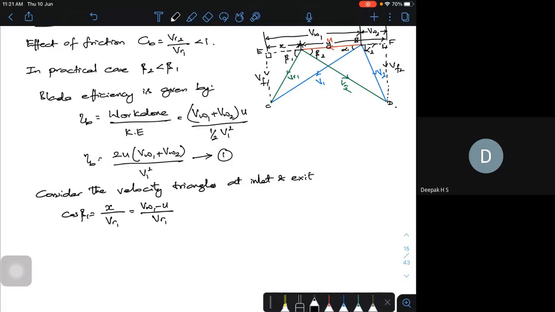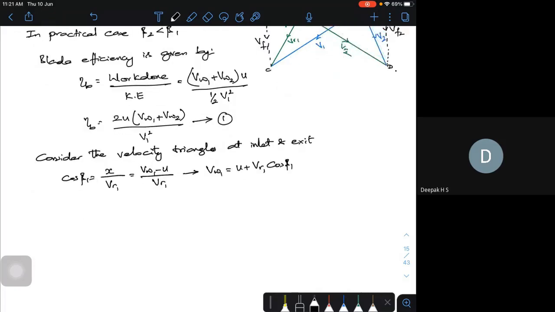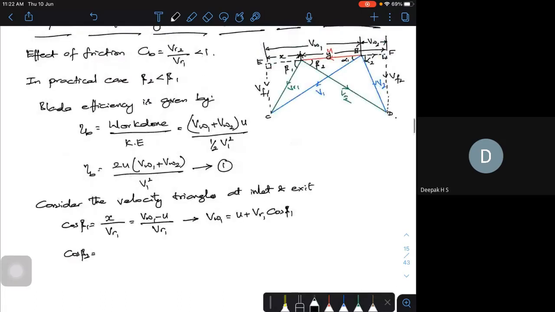Or I can write the same expression, so whatever I have, I can write in terms of VW1. So VW1 is equal to u plus VR1 cos beta 1. Similarly, in the exit velocity triangle, what is cos beta 2? Cos beta 2 will be equal to y divided by VR2, where y is equal to VW2 plus u.